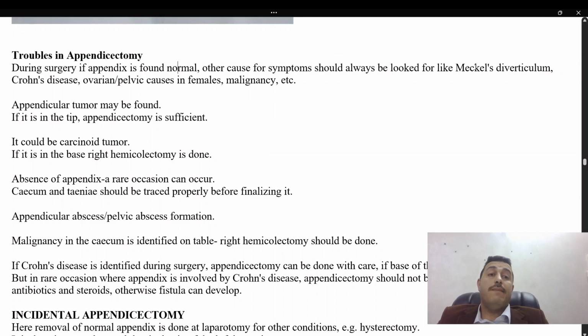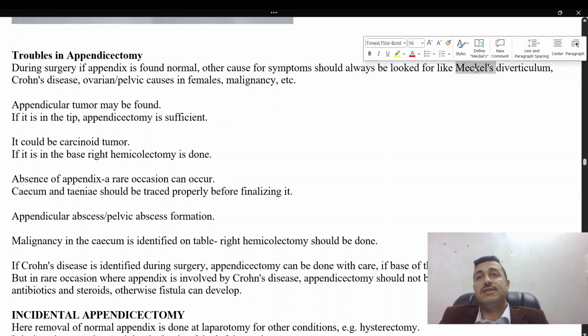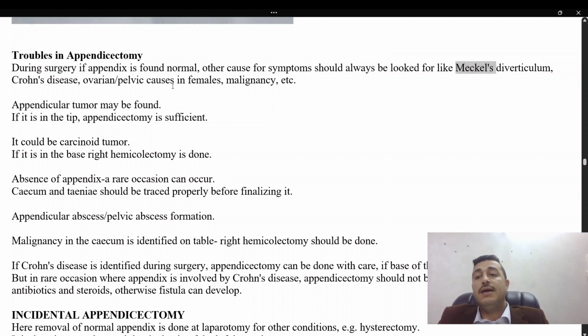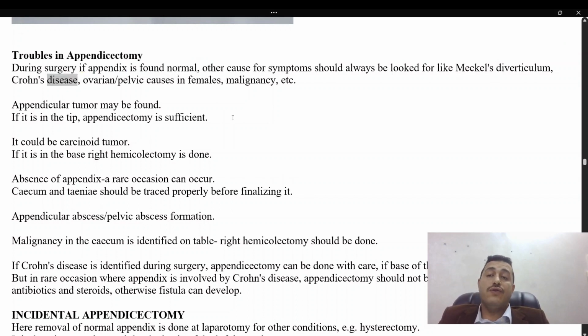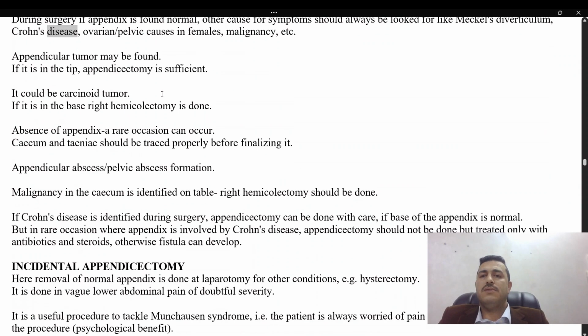You should look for Meckel's diverticulum, tracking the terminal ileum. You should look for signs of Crohn's disease, and signs of ovarian or pelvic causes. If it's a female and you find a normal appendix, you can call the obstetrician to help you.